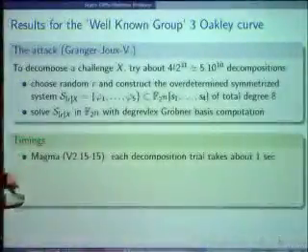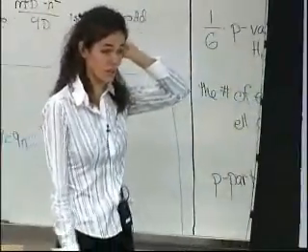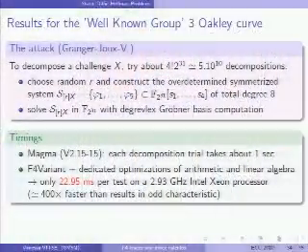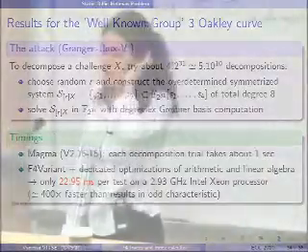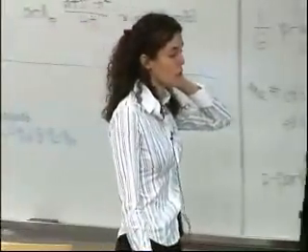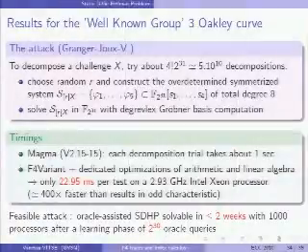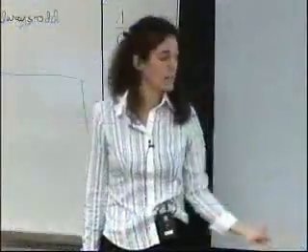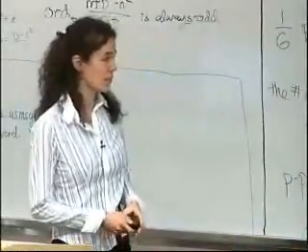Its decomposition takes about 1 second with Magma, which is not good enough for a good attack here. But with our variants and dedicated optimization, we are able to go down to about 23 milliseconds, which is good timing. If you have access to 8,000 processors, you can do the attack in less than 2 weeks. So this is somehow a feasible attack.